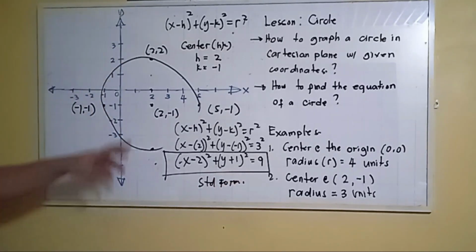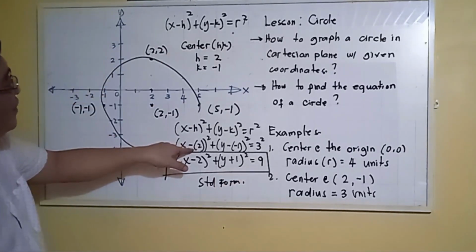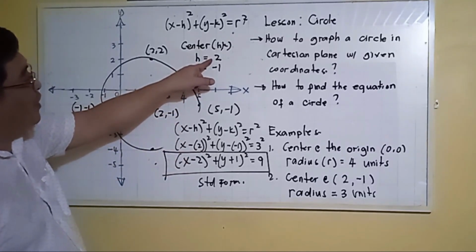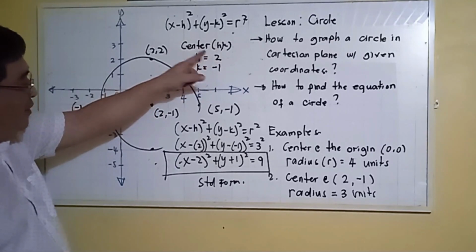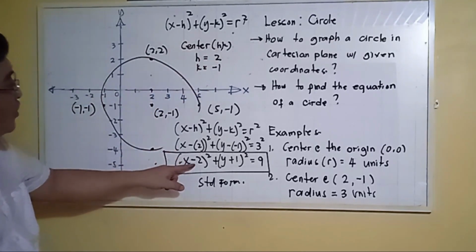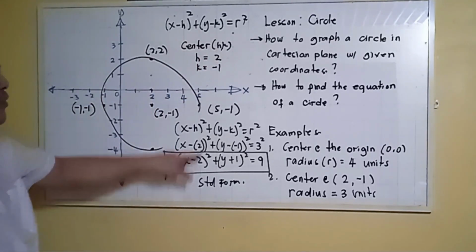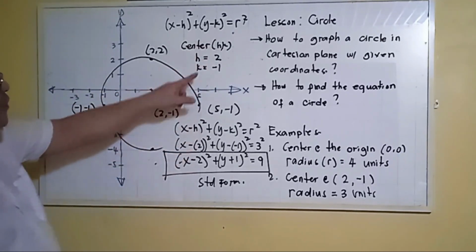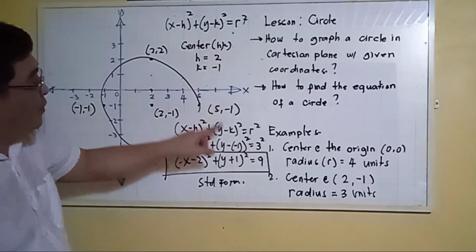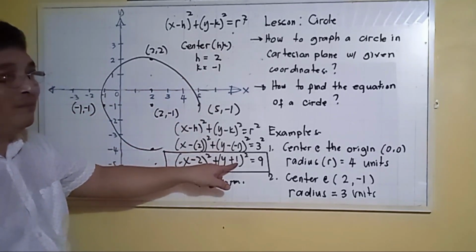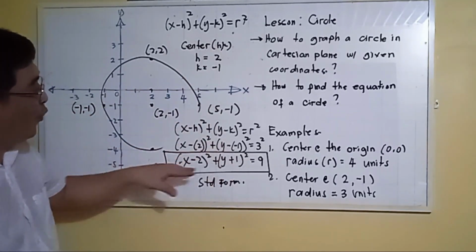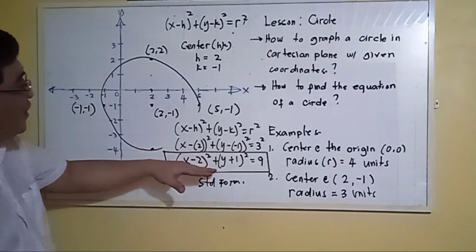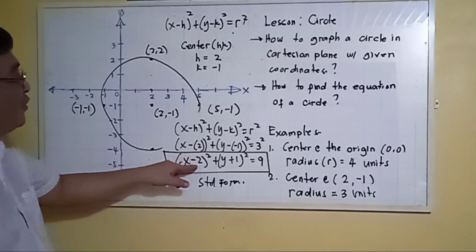Titingnan ninyo yung given hk, huwag nyo lagyan ng parenthesis sa loob. Always remember na pagka-positive itong h dito sa given coordinate, tapos pagdating dito sa equation, magiging negative. So, from positive 2, it becomes negative 2. Ito naman, from negative 1, it becomes positive 1. And of course, pagka ililipat yung equation na to, galing sa equation, yung coordinate ng center, babaguhin nyo rin yung sign.